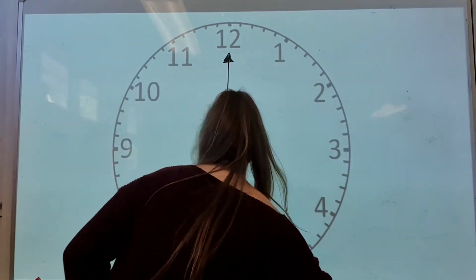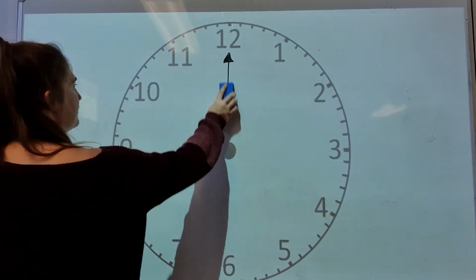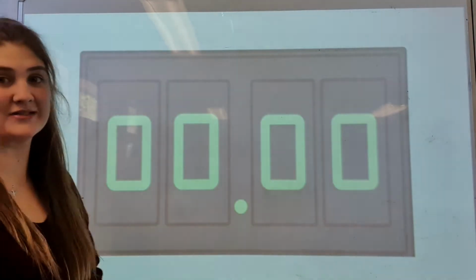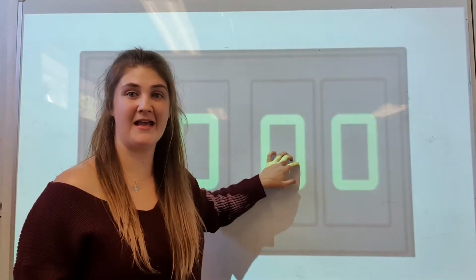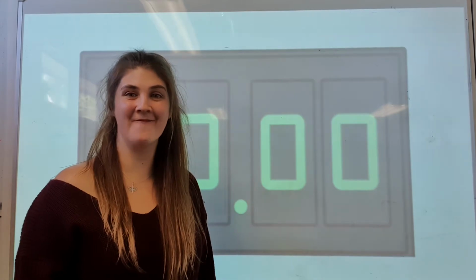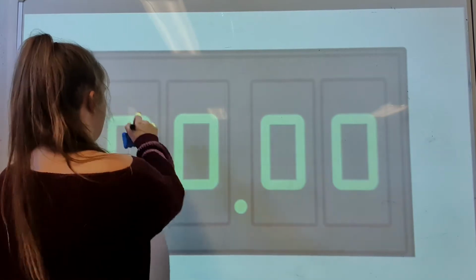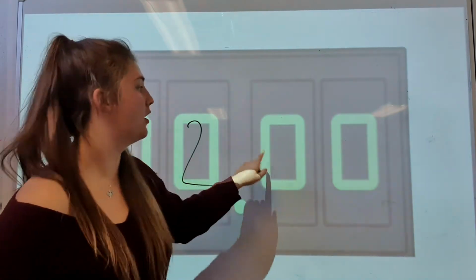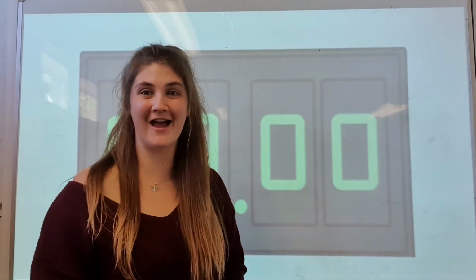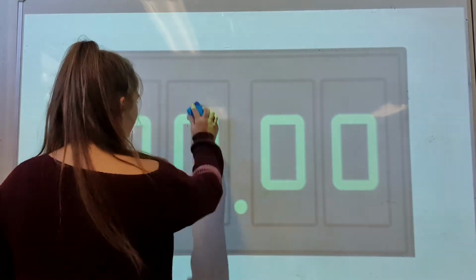Now, on a digital clock, you'll see it has our 2 zeros here, okay? So when we go from the analog clock, our long hand is pointing at the 12, and on the digital clock, it always has the 2 zeros here. So if it was 12 o'clock, it would have 12 and the 2 zeros, okay? Pretty simple. Nice easy refresher to start off with.